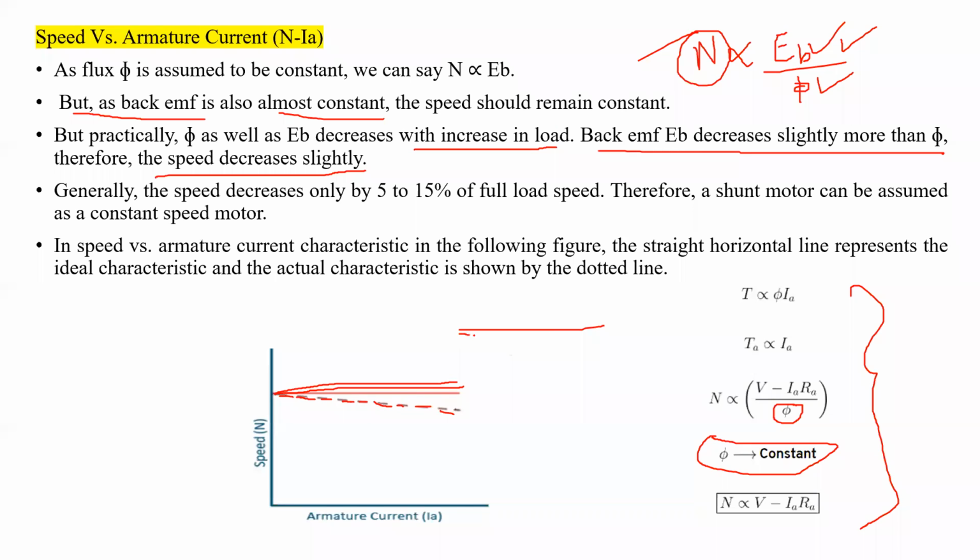Clear? Generally the speed decreases only 5 to 15 percent of full load speed. Therefore the shunt motor can be assumed as a constant speed motor.